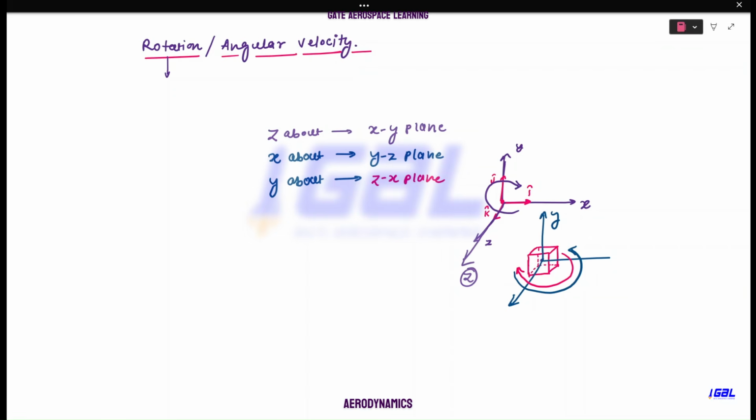Okay, so this is what your rotation or angular velocity is. So if your fluid particle is moving and if it is rotating about the z axis, then it will rotate in the xy plane. Okay, similarly if it is rotating about the x axis, then your fluid particle will rotate in the yz plane. Similarly, about the y axis, then zx plane rotation. Okay, I hope this is clear.